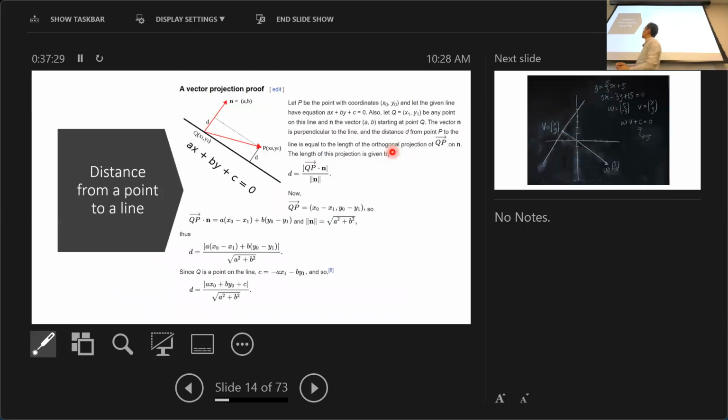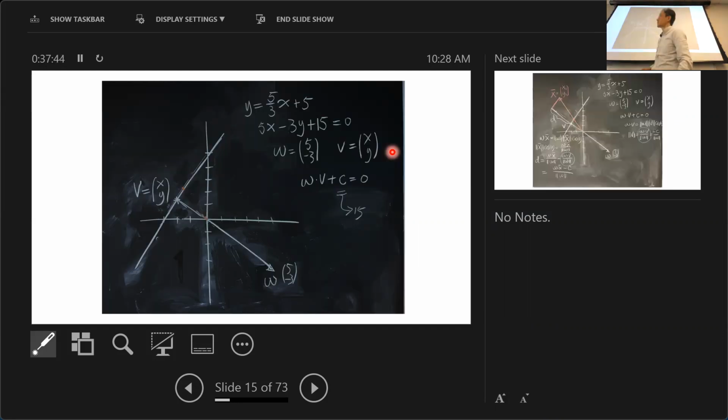Same as before. So in this example, you express this line with ax plus by plus c. Same idea here. No problem, right? So we're just being very general.